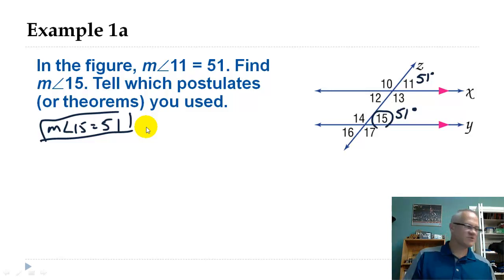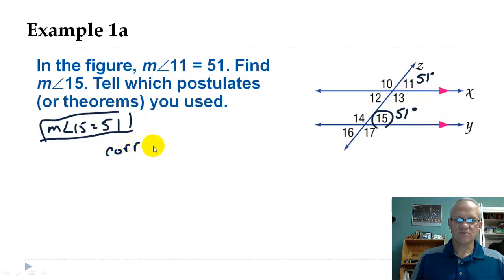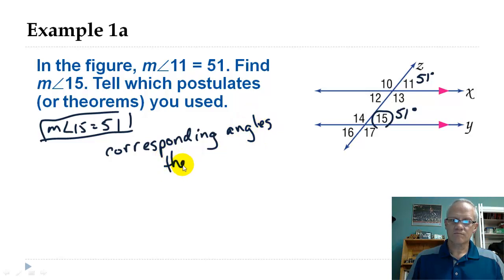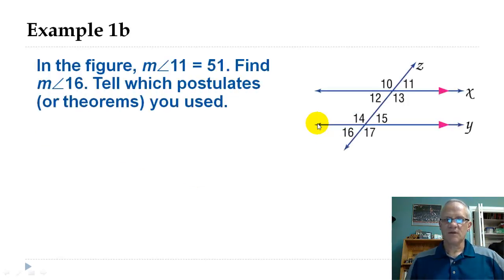And which postulate or theorem is that? I'm not so worried about the name. I want you to know that they're corresponding angles, the corresponding angles theorem. And that's why we know that, because they're corresponding angles. Okay, all right. How about another one?